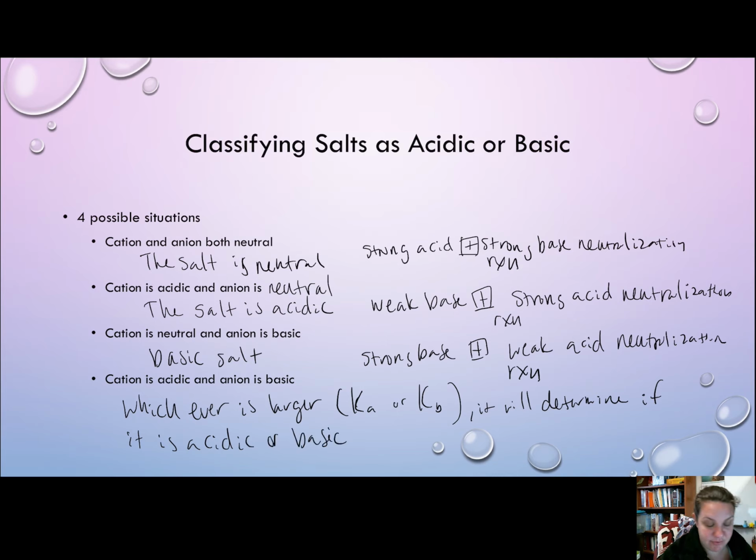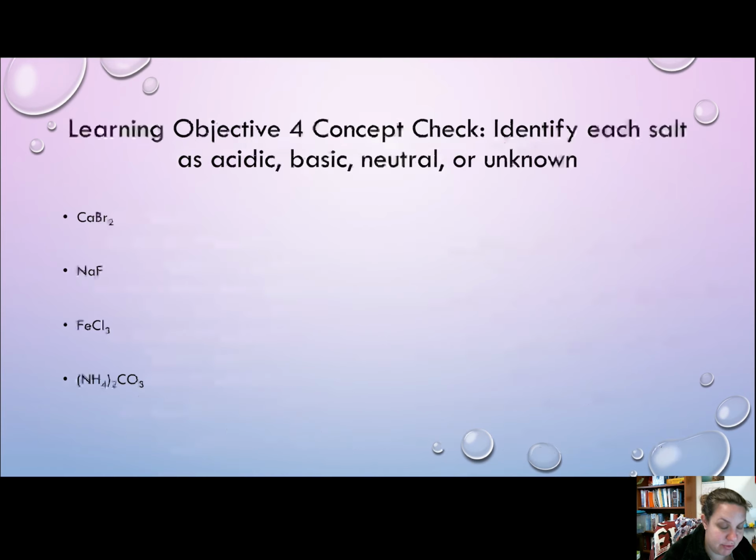As in, if we have a Ka that's larger, it will be acidic. If we have a Kb that's larger, it would be basic. Okay, so let's check out how we're doing with this.